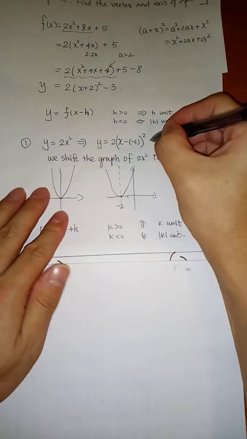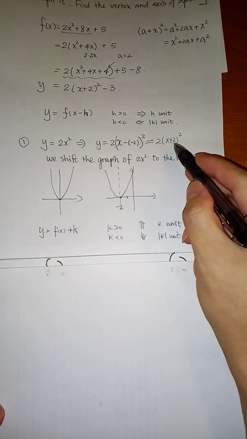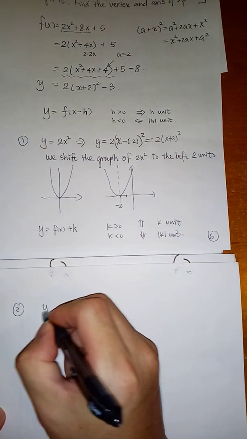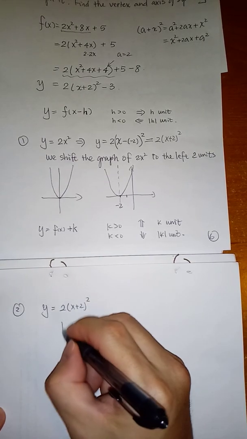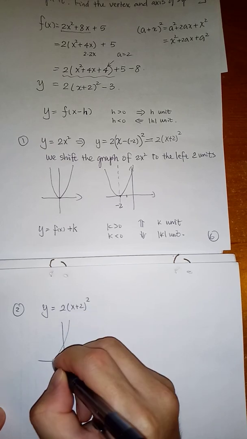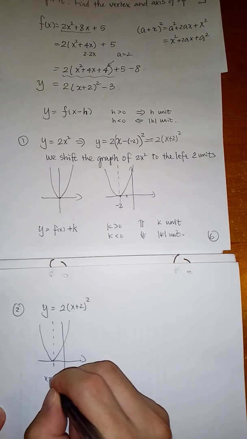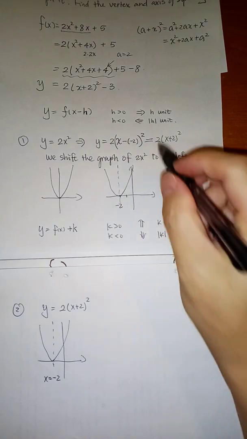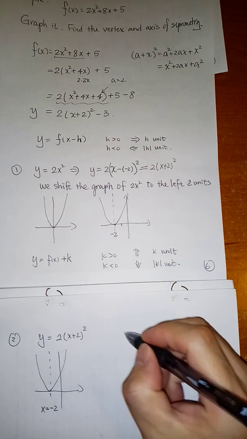Okay, so let's continue. We already reached 2 times (x plus 2) squared. So you have this graph, it's like this. This is the axis, x equal to negative 2, the axis of symmetry. You move the y-axis to the left, and then minus 3 means you're going to move it down 3 units.